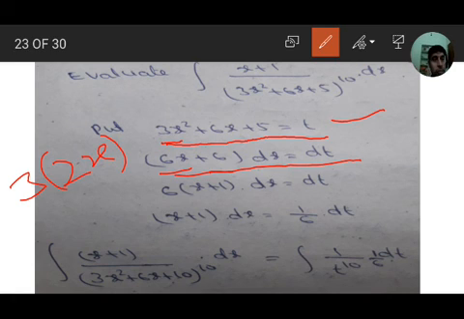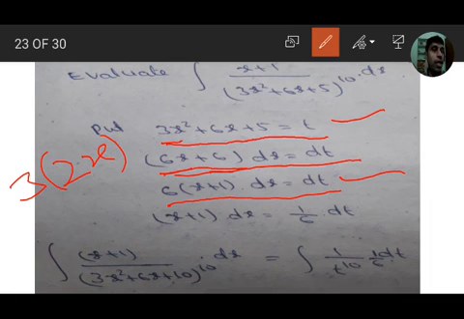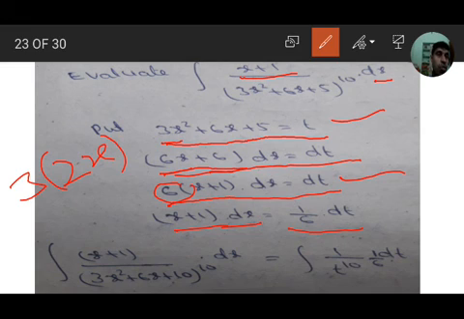Okay, (6x plus 6) dx equals dt, and 6 common, we get 6 into (x plus 1) dx equals dt. So we have only x plus 1 into dx, so 6 will come to the RHS, that is 1 by 6 into dt. (x plus 1) into dx equals 1 by 6 into dt.